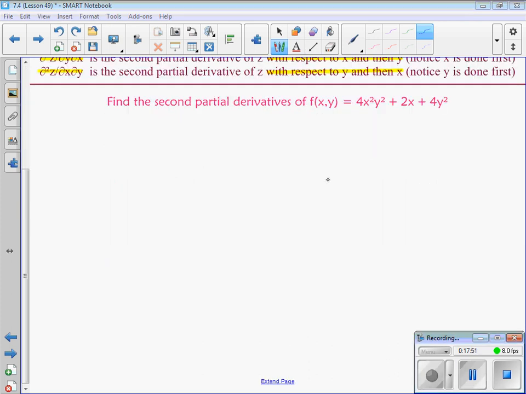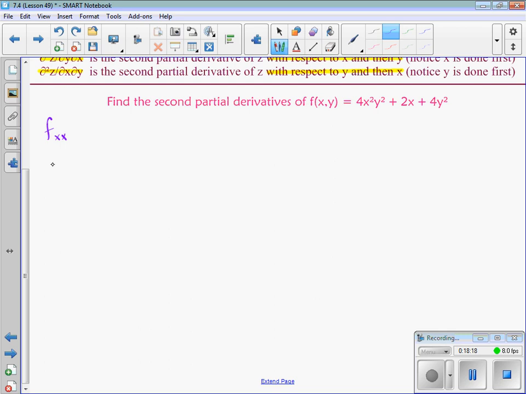Here it says find the second partial derivatives. So that means we have to find how many derivatives? We need to find 2 derivatives for each problem. The first one that we have to find is f sub xx. So we're going to take the derivative with respect to x and then do it again.